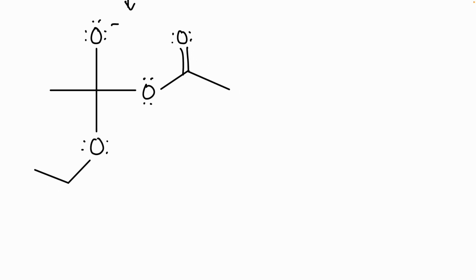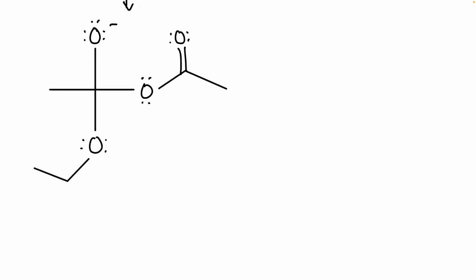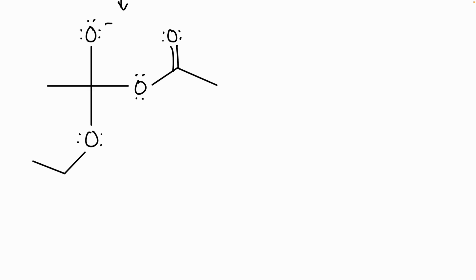And we've seen this intermediate so many times that we gave it a special name. What did we name this intermediate? Our tetrahedral intermediate. And we trained ourselves to ask one question every time we see our tetrahedral intermediate, which was what?